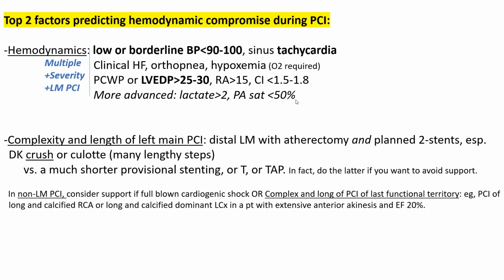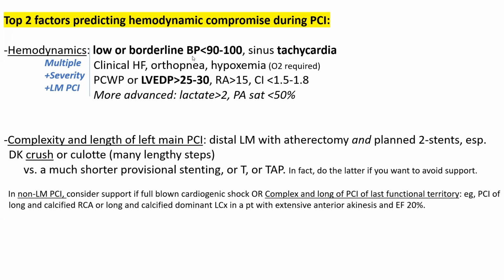Cardiac index less than 1.5, 1.8, and more advanced features, PA sat less than 50% or full-blown shock with elevated lactate. I take into account the presence of multiple of those. Evidently, if you have a blood pressure of 90, but none of the rest, that is not concerning at all. But having a combination of multiple of those is what pushes me to use hemodynamic support during PCI.